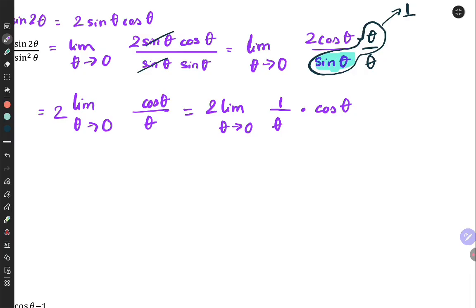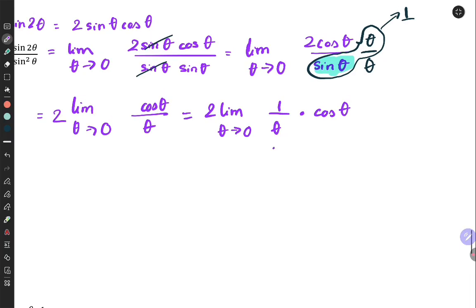Limit of f times g, as theta approaches whatever, or x approaches a, equals limit of f times limit of g. So that is two functions right there, f and g. So just break it and analyze it one by one.